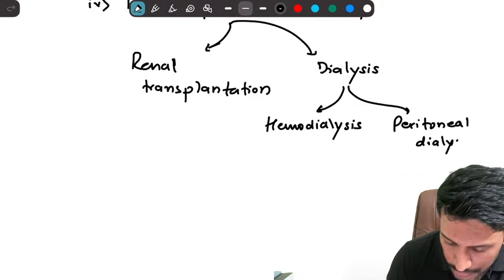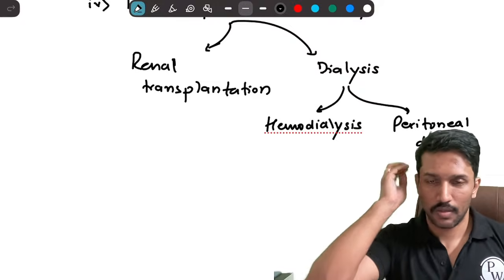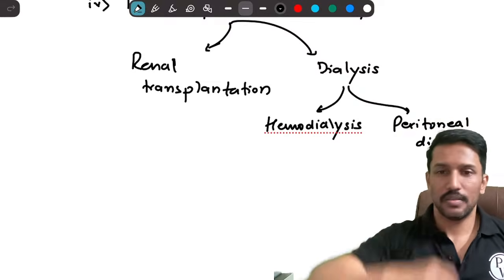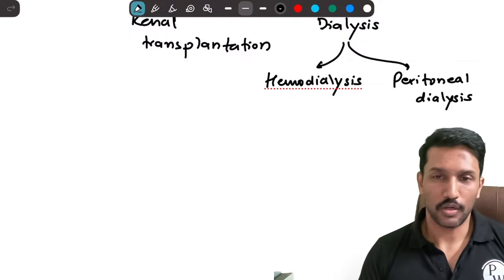Now, can anybody tell me which is more efficient in clearing the urea and creatinine? Is it hemodialysis or peritoneal dialysis?